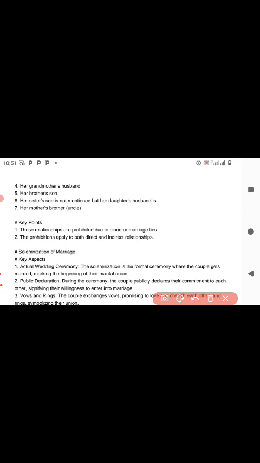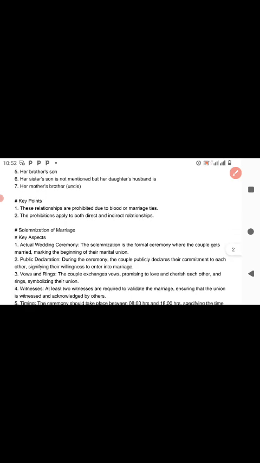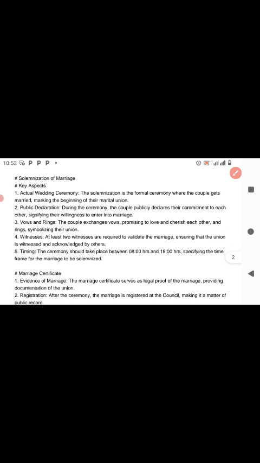Then the prohibitions apply to both direct and indirect relationships. So whether there are some distant relationships, so you can easily trace it, it is not going to be allowed.